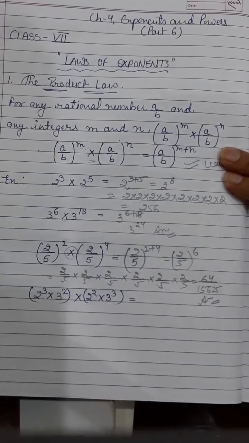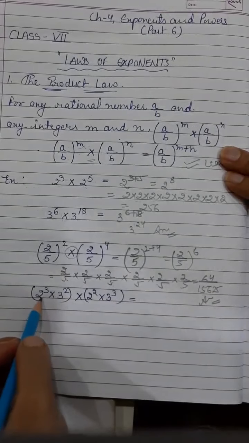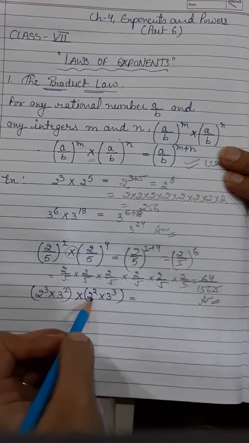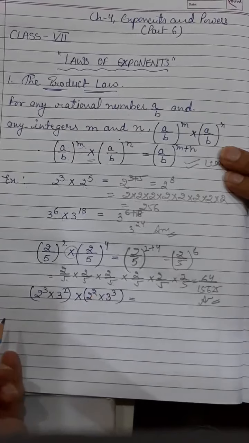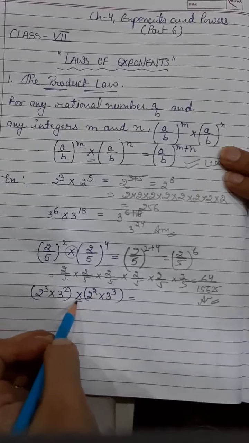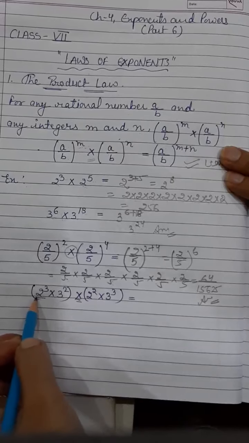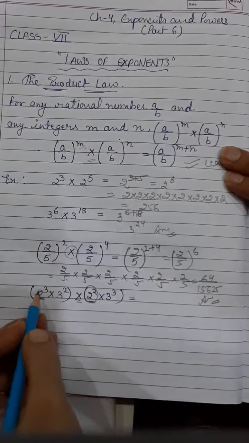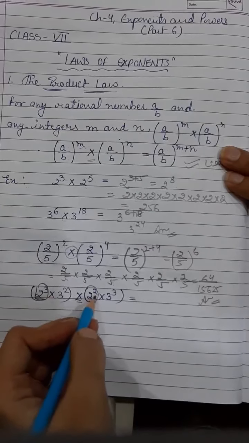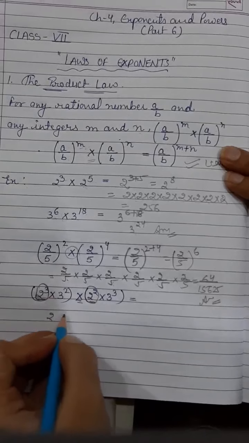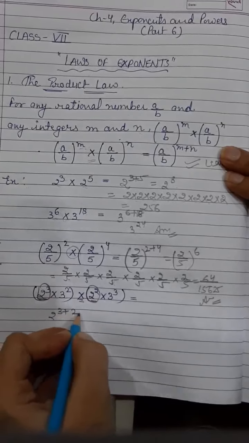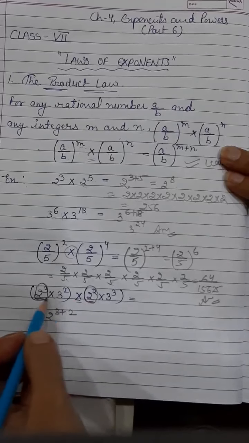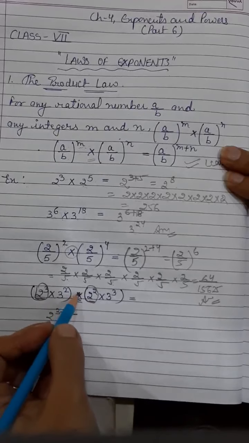Is it clear? Now in this numerical, 2 to the power 3 into 3 to the power 2 into 2 to the power 2 into 3 to the power 3. Again we have to multiply. Bases are the same, 2 and 2. So these 2 to the power 3 and 2 to the power 2 you can combine and add the powers, 2 to the power 3 plus 2, because here bases are the same and you have to multiply.